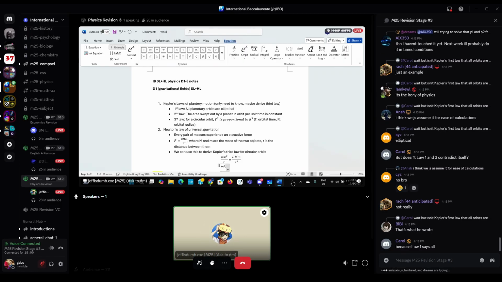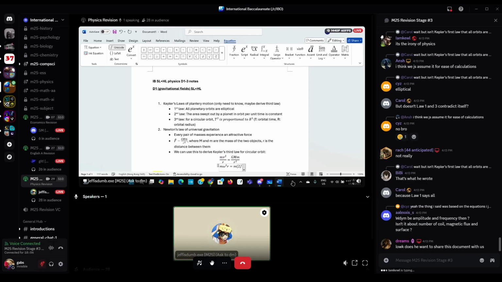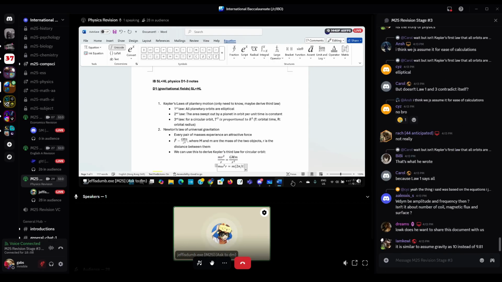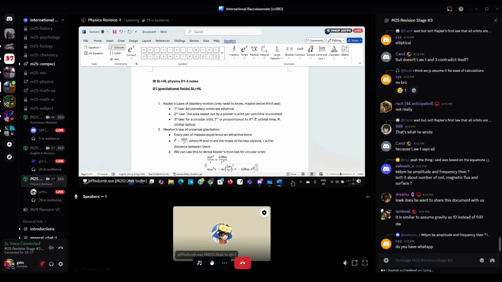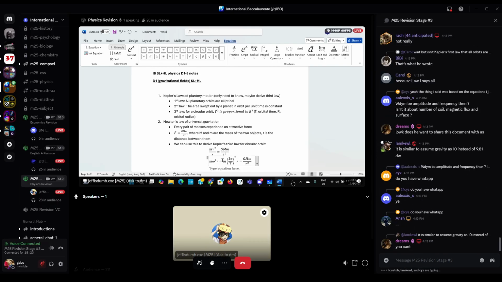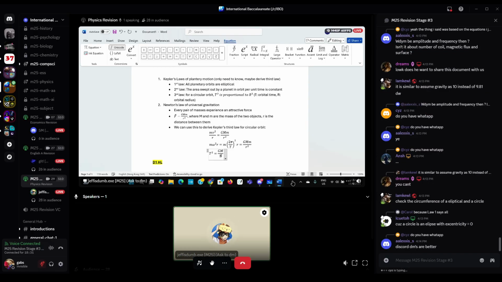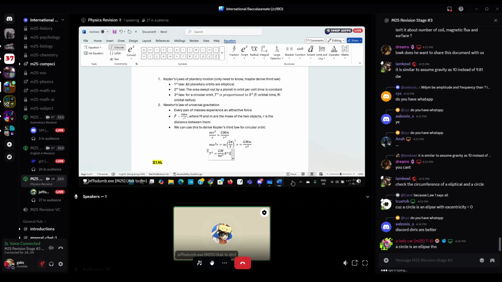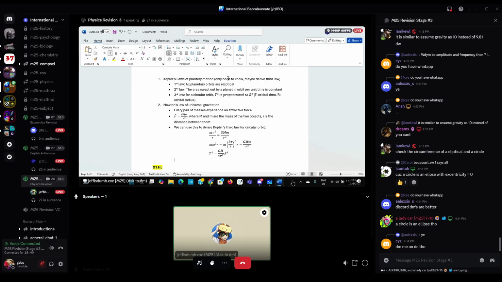And then after that you get m omega squared r equals m (2 pi over T) squared r equals GM over r squared, which rearranges to T squared equals GM over 4 pi squared r cubed. So that's that.